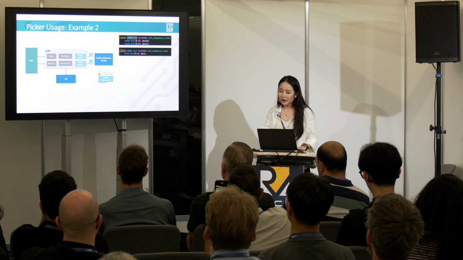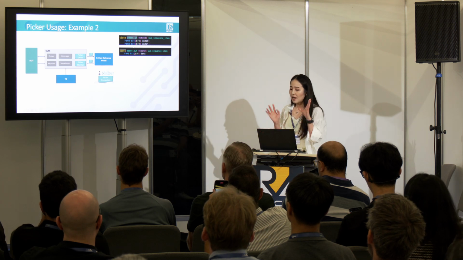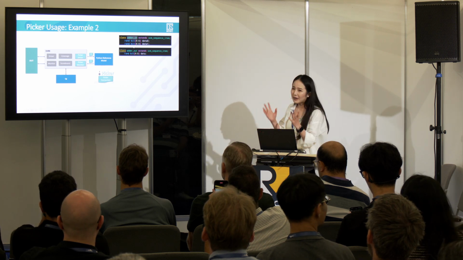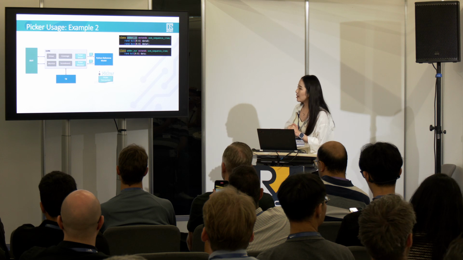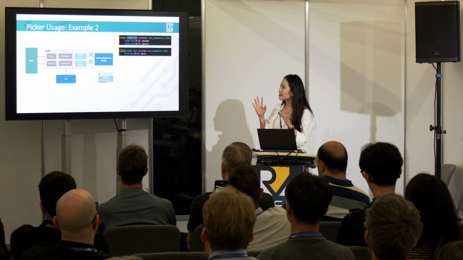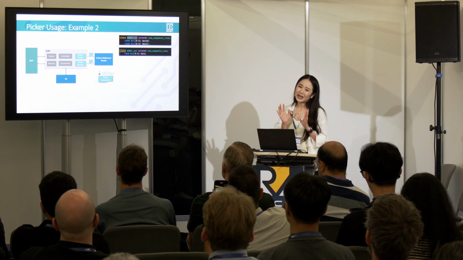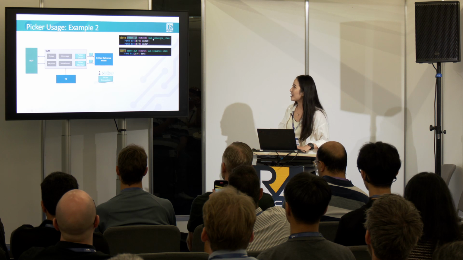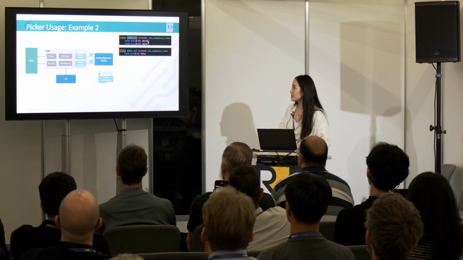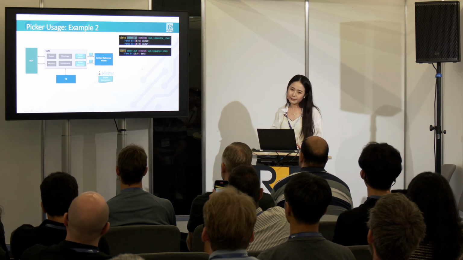So on the top right corner, it shows how we define our Picker transactions. The DUT is just a simple adder here. So we can see we define adder in with data 0, data 1, adder out, that is the summation.